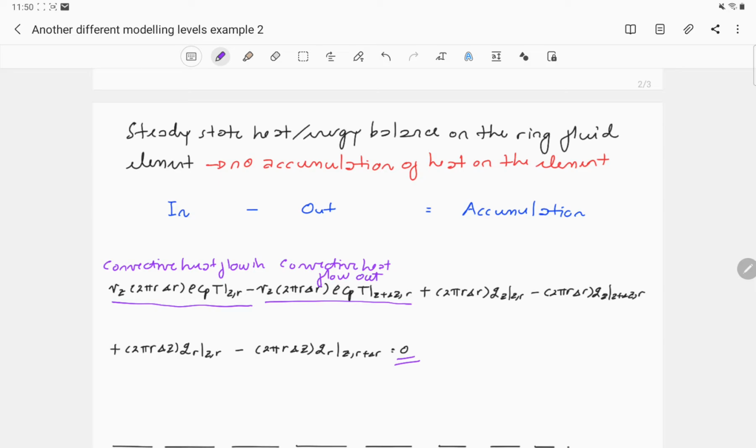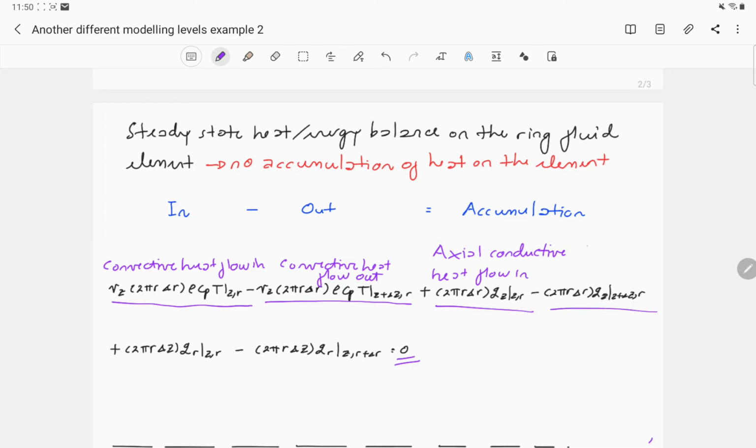And then this term here is basically the axial conductive heat flow in.